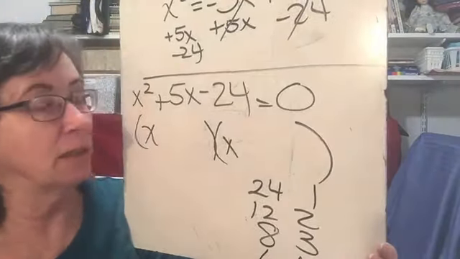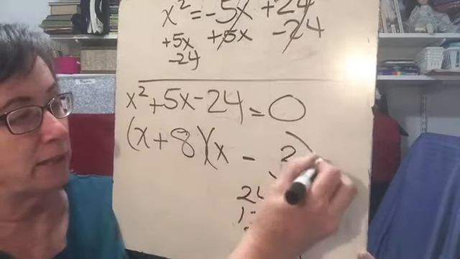So I'm looking for factors that have a difference of 5. 8 and 3 have a difference of 5. So let's plug in an 8 and a 3. We want this middle term positive, so we make our big one positive, make the other one negative, and when we FOIL this together, don't we get our equation?